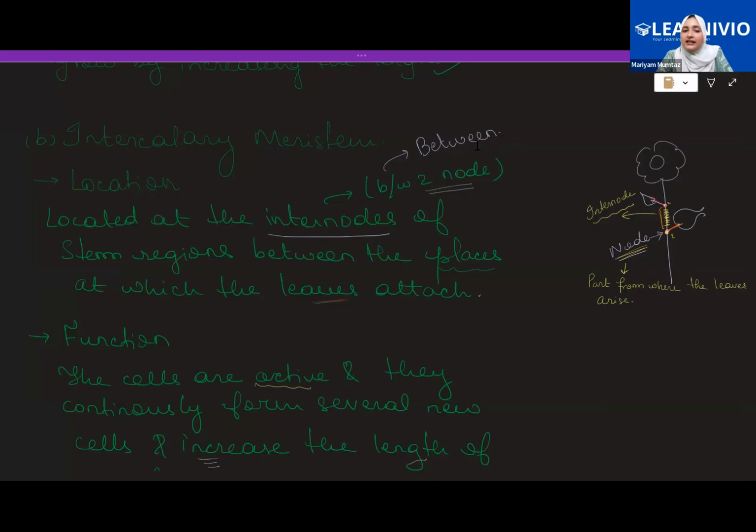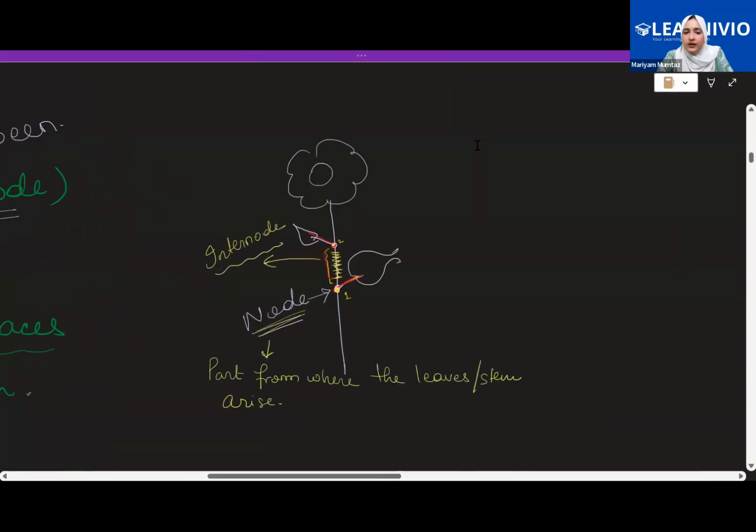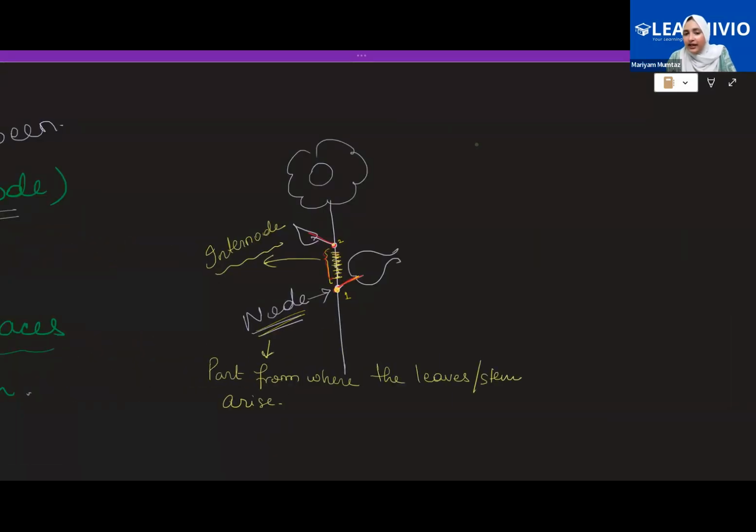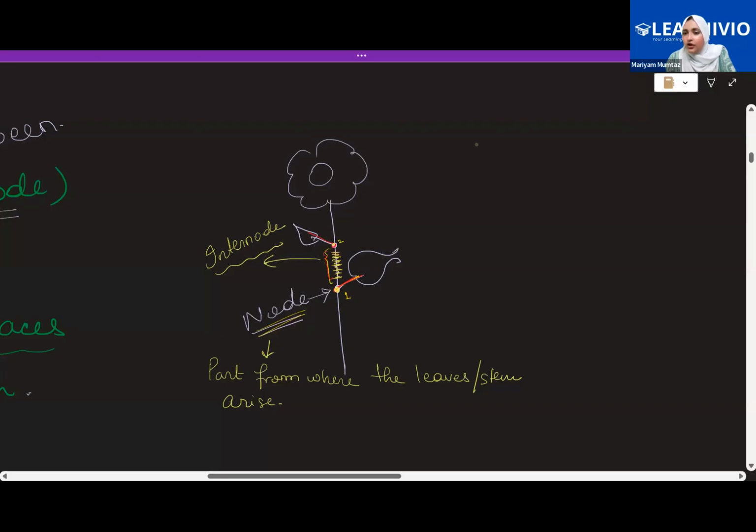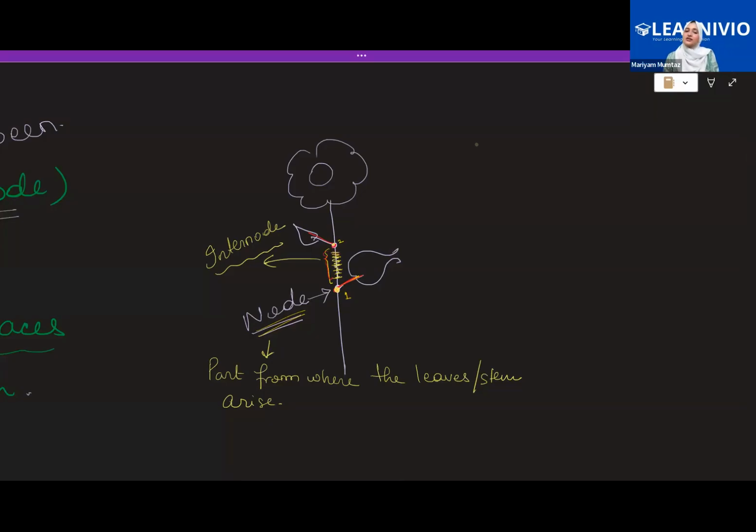It is located at the internode position. Now, what is an internode? See, on the plant's body, the part from where the leaf arises or the part from where the branches arise, that part is called the node, okay? And the region between, like if one node is here and another node is here, this region in between them will be called the internode.